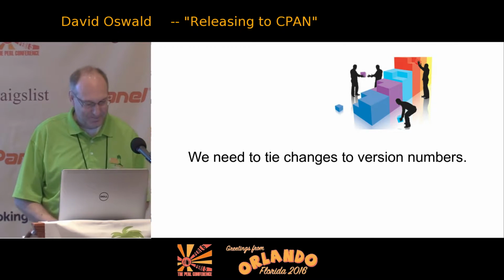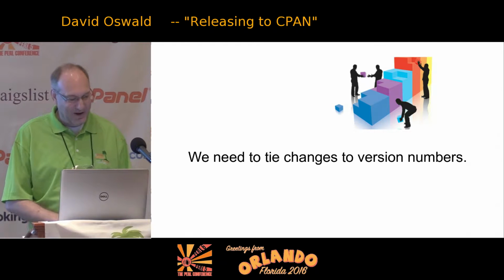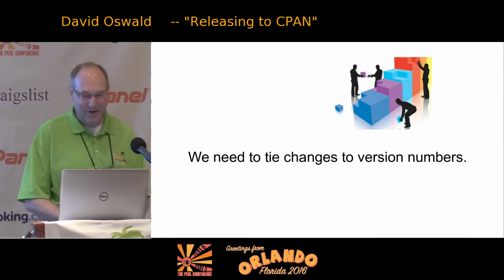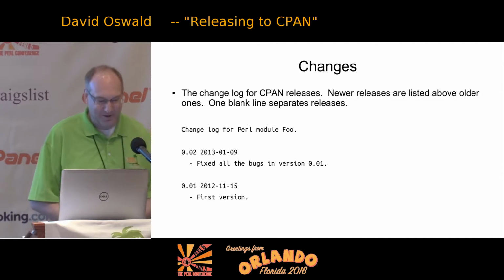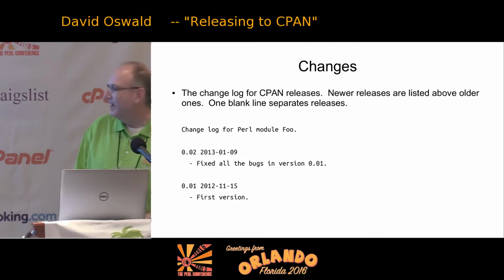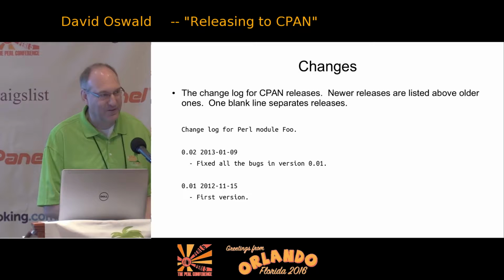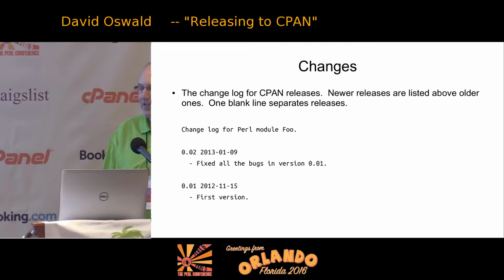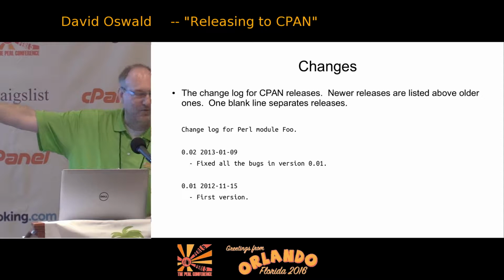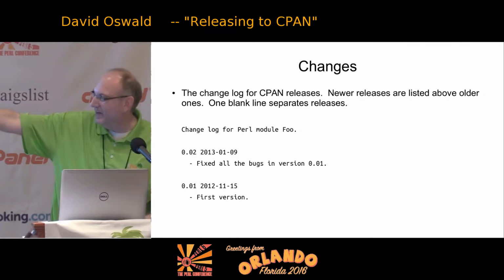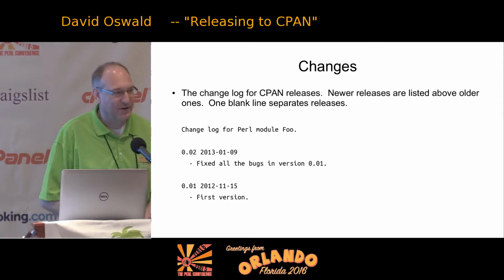So we need to tie our changes to version numbers somehow, and so how do we do that? Well, we create a file called Changes. And Changes can have a very simple format. You'll see a lot of formats out there on CPAN, but the simplest format is to have a version number, a date that is just a day and a year and a month, and then a hyphenated list of items that are included in this particular version.